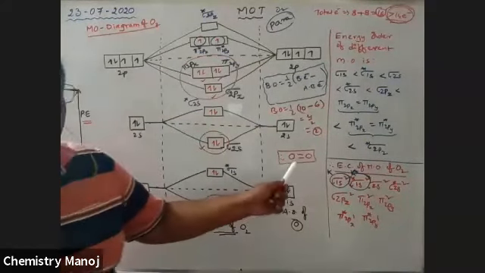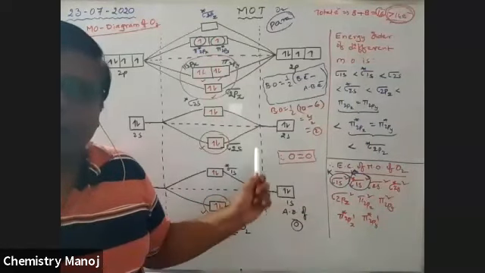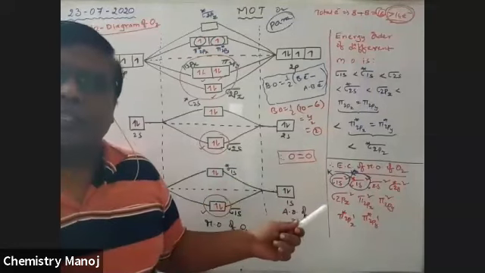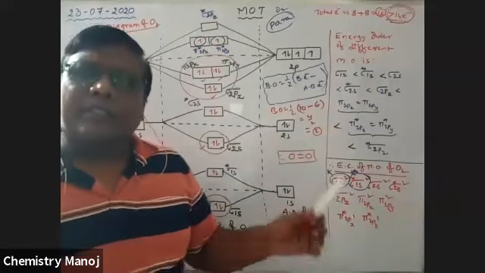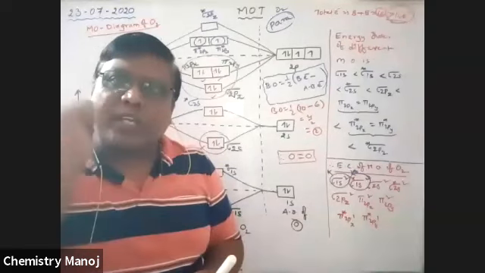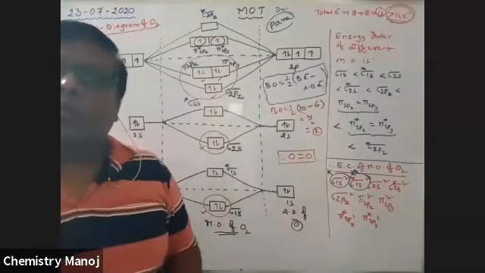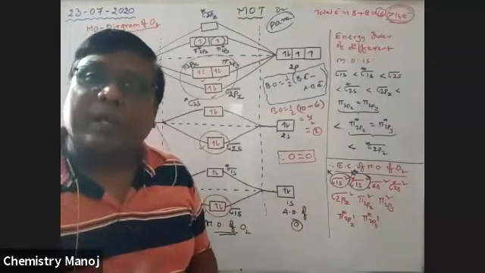If bond order increases, the number of bonds between the atoms increases. As the number of bonds increases, the attraction between those two atoms increases. That means bond strength increases, and it is difficult to break those bonds. That means bond energy increases.